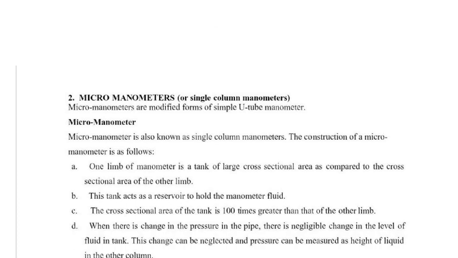Hence the two pressures must be equal. So P plus rho g h1 and so on, in this way we can calculate P. Similarly, no need to do this derivation.